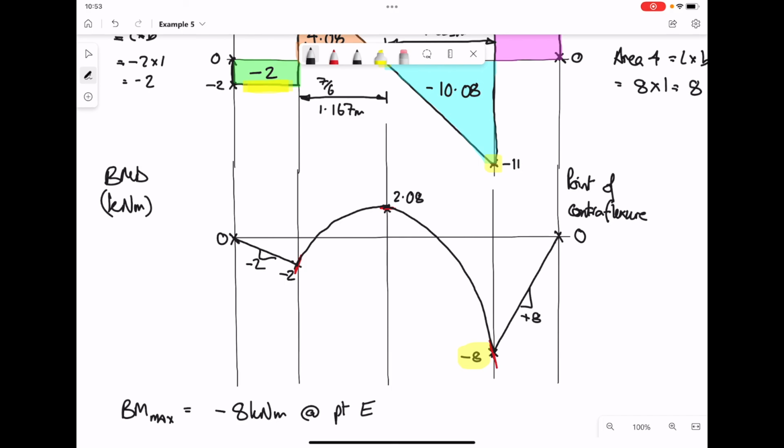It's where the bend moment diagram crosses through the horizontal axis. So in this case we have 2 points of contraflexure, and we indicate those as one occurs here, the second one occurs here.